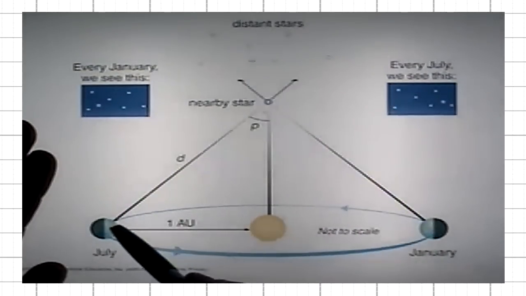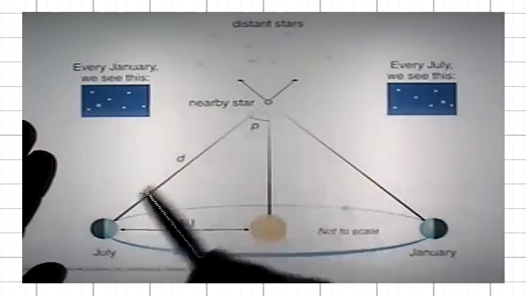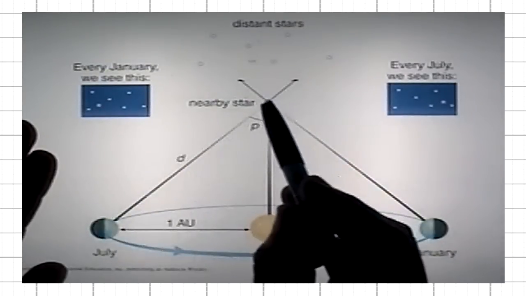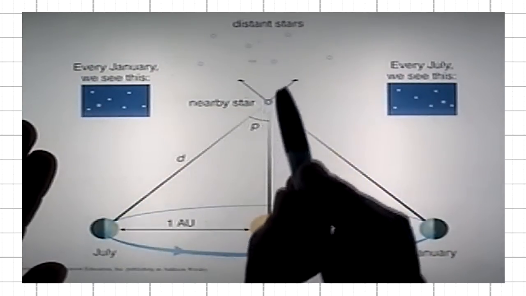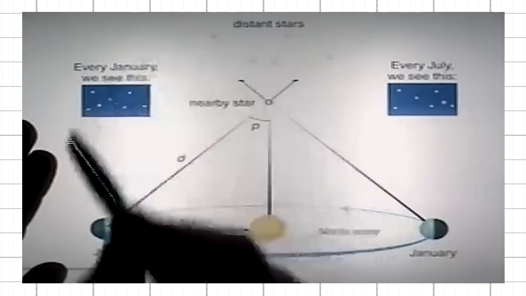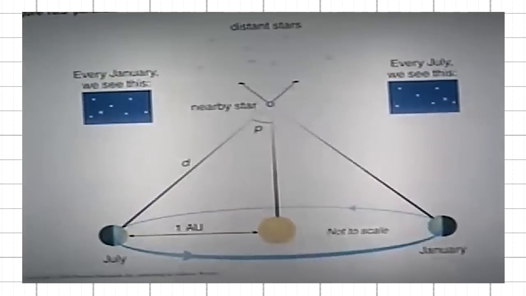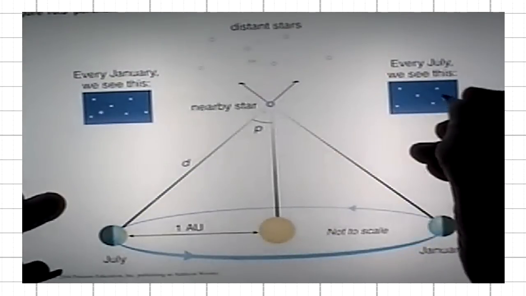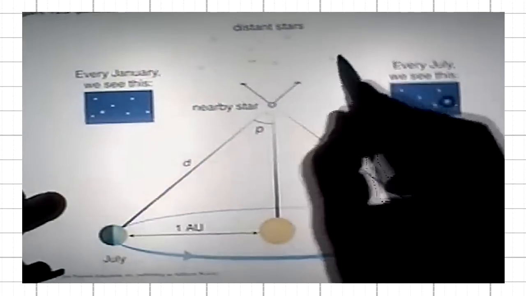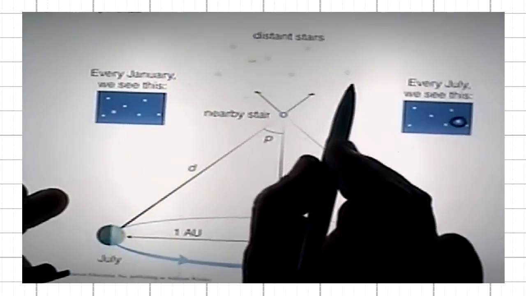Then when we look at that star in July, it will appear to us to be to the left side of this cluster. So in July, we would see it here, right? It would appear to be closest to the end star here on the right.